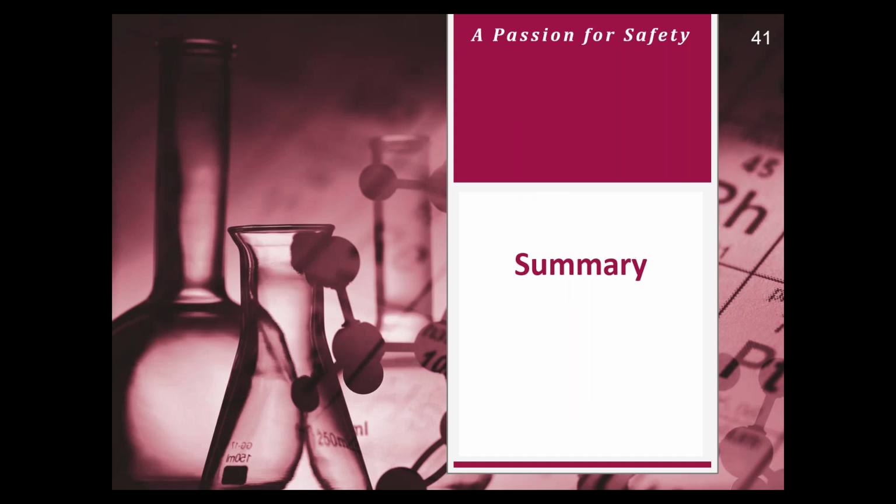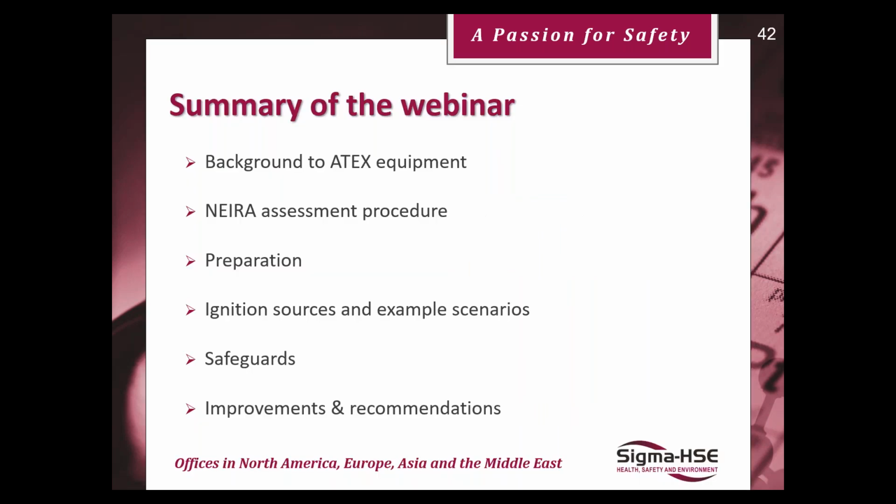So yes, to summarize this webinar, we've had a background to ATEX rated equipment. We've understood the risk assessment procedure to classify, more specifically designate or say self-certify, equipment that they are suitable for use in hazardous areas. So that's the key point.